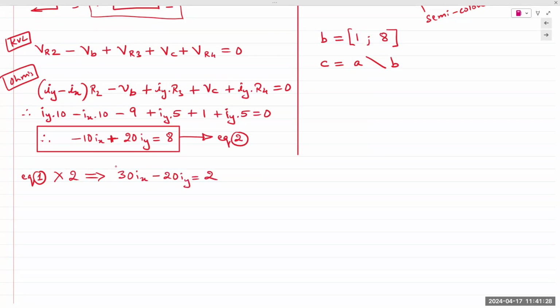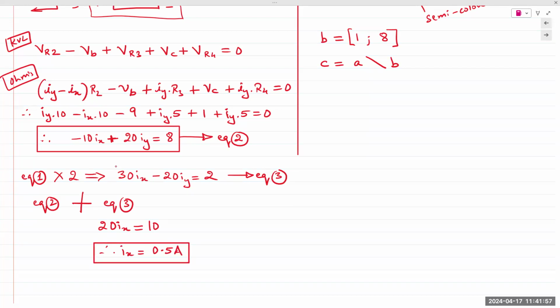This is what I would obtain, and I'm going to label this as equation 3. Equation 2 plus equation 3 gives me 20 times IX equals 10. So IX is 0.5.